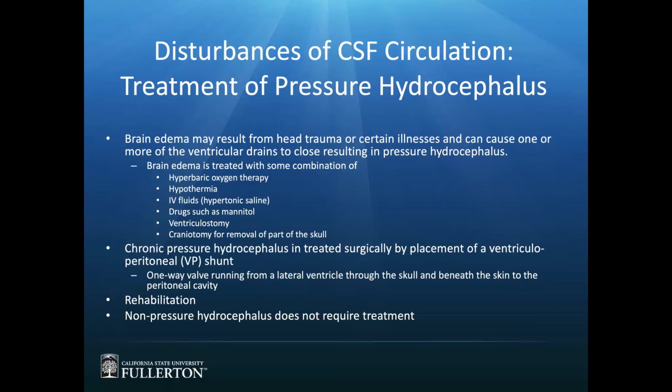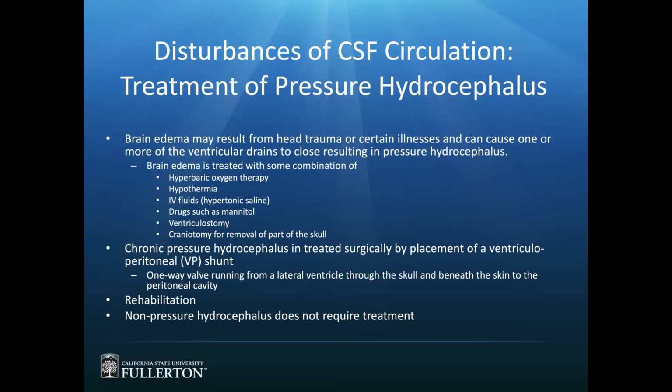Now they'll actually use that little burr hole I referred to, put the drain in, and then snake it under the skin, down through the neck, down into the body cavity, and down into the cavity that surrounds the abdominal organs. And that is called a ventriculoperitoneal shunt. Peritoneal cavity, that's your gut cavity.